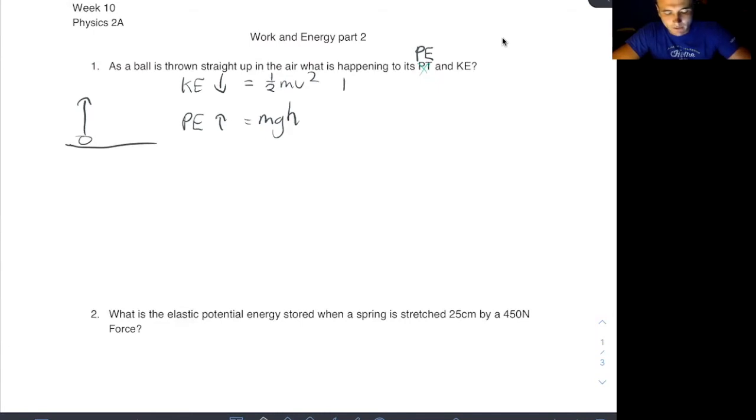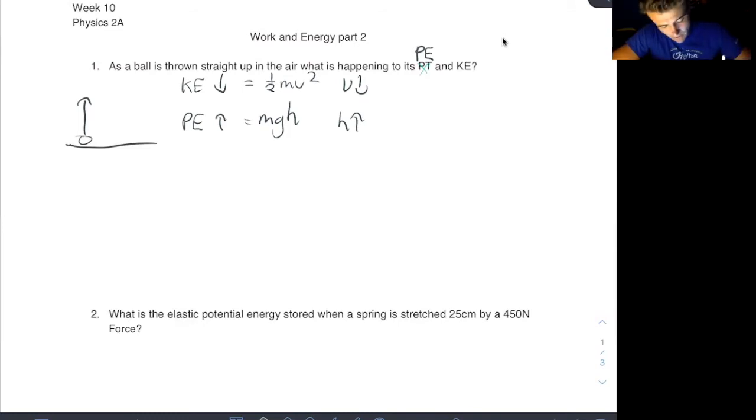So as our velocity decreases, our kinetic energy is also going to be decreasing, right? So as the ball is going up, our kinetic energy is constantly decreasing because of that. And then in here we have the height of the ball, right? So as the ball goes higher and higher, we're creating more and more potential energy, right? So because we increase the height of the ball, we're increasing potential energy, right?